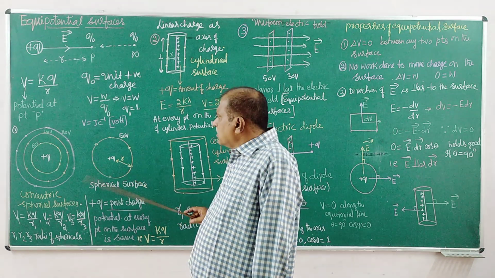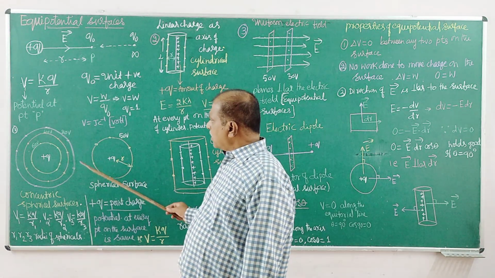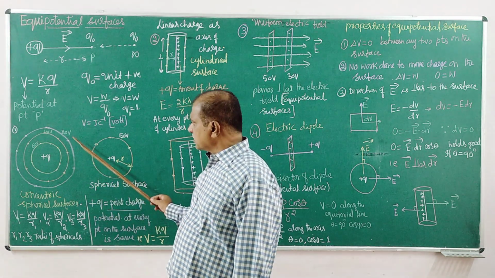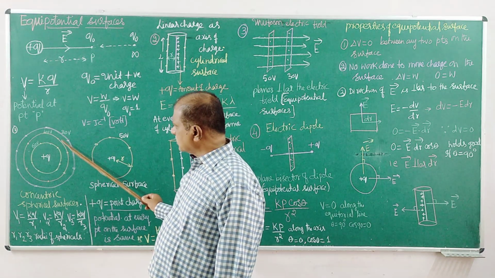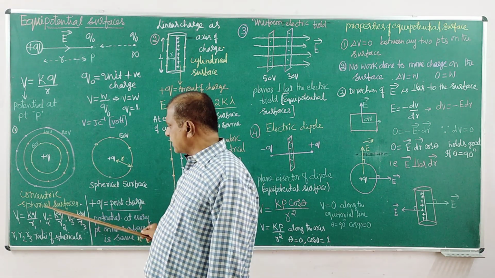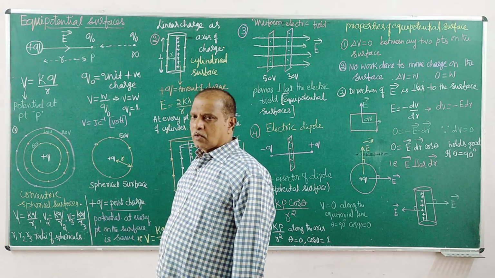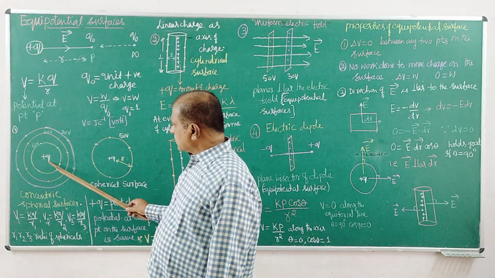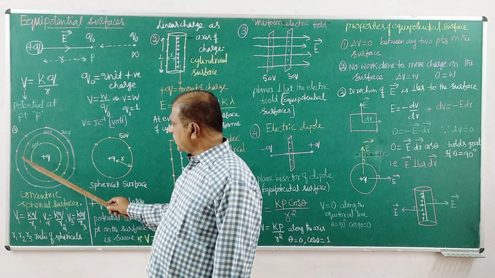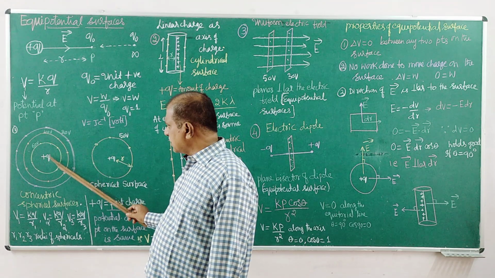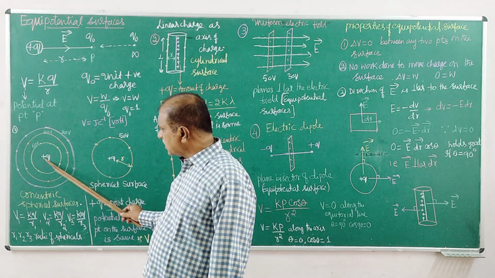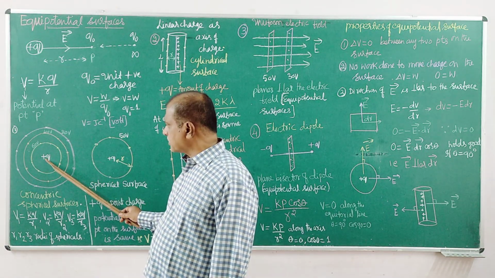And about this point, we can draw many spherical surfaces like this. These spherical surfaces are concentric spherical surfaces. Concentric spherical surfaces mean all spheres have a common center, the same center point.